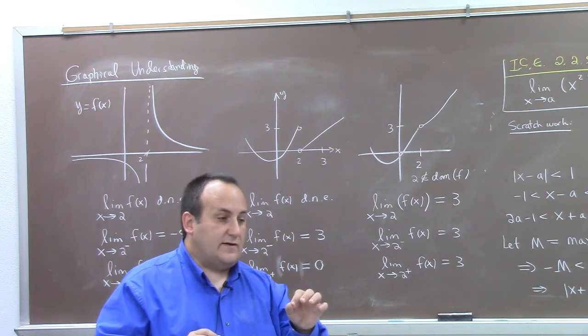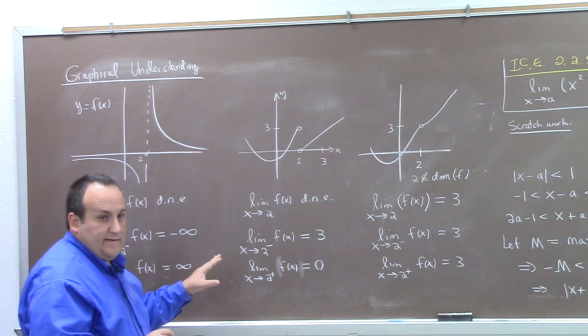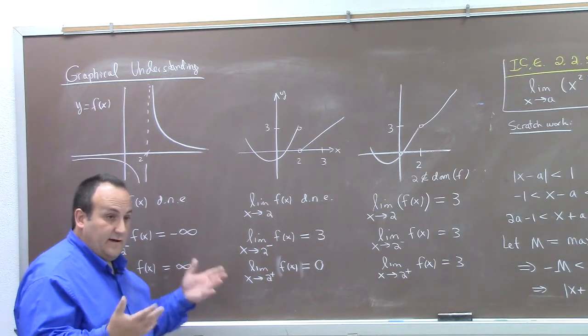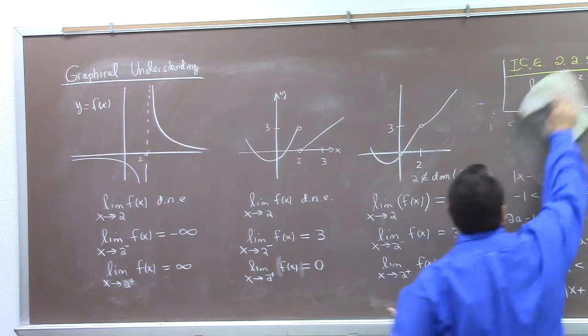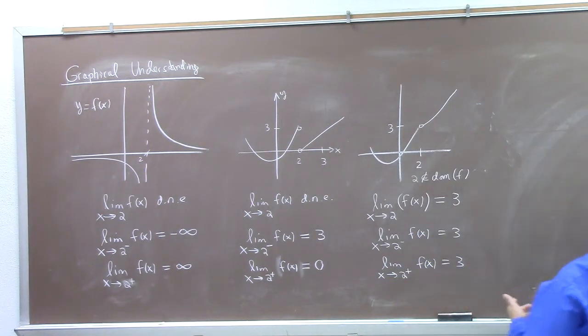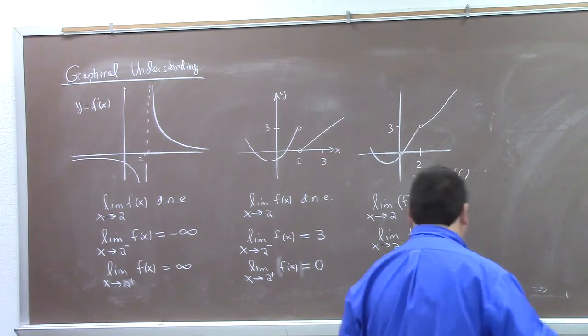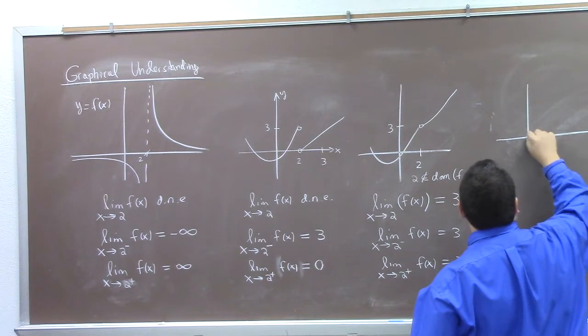Now you can talk about left and right limits at the boundary point of a domain of a function. Right? So we could look at the square root function. We can talk about the limit of the square root function at 0. So what does the square root function look like? It looks like this, right?